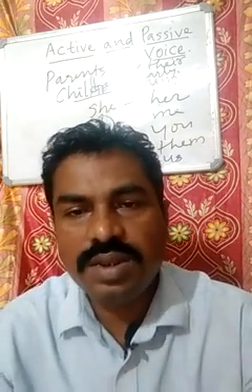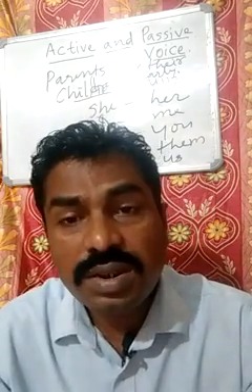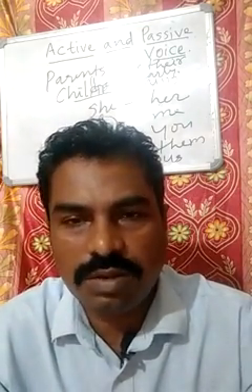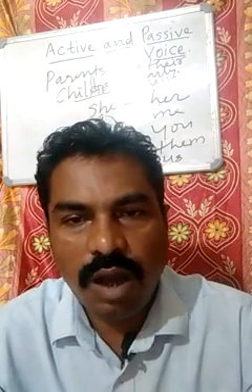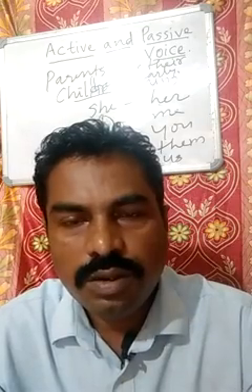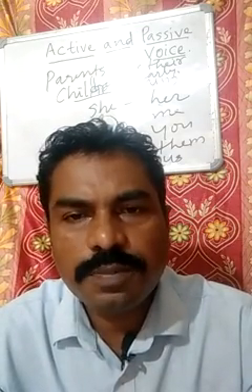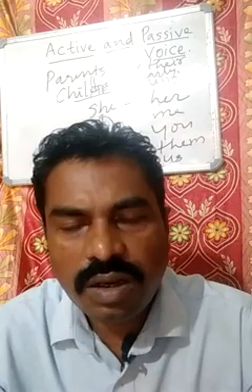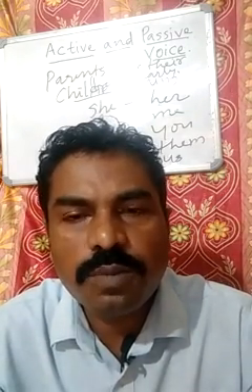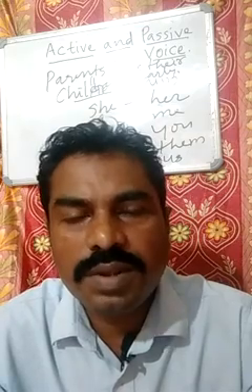Students, if the sentence is in present indefinite tense, how do we change the sentence to passive voice? The rule is subject plus am, is, are, according to the subject, plus third form of the verb plus by plus object.